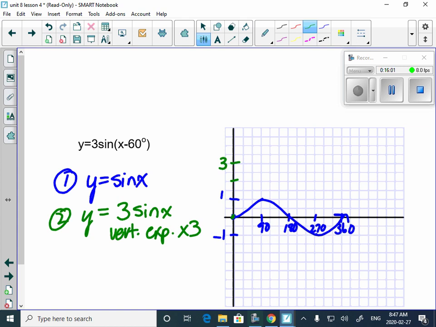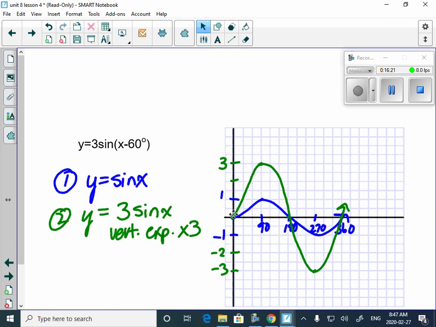My amplitude is 3. And to negative 3. So from 0, 0 up to 3, back to 0, down to negative 3, back to 0. So it's going to look very much stretched vertically. There we are.